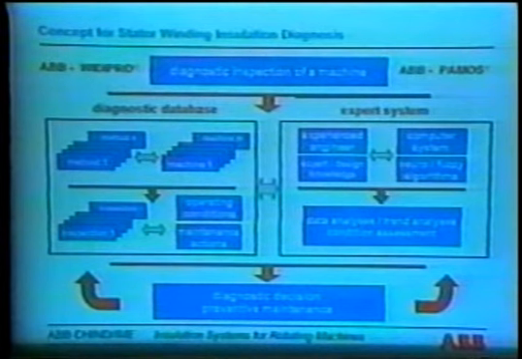To support these diagnostic engineers in their decision, we have a computer system using some modern algorithms like neural network or fuzzy algorithms for making the data analysis and especially for trend analysis to arrive at a condition assessment of the state of winding insulation.